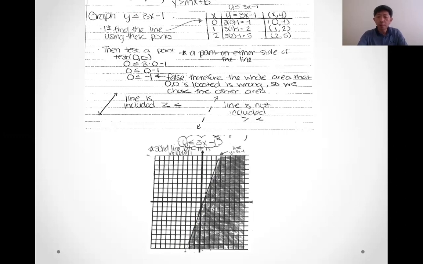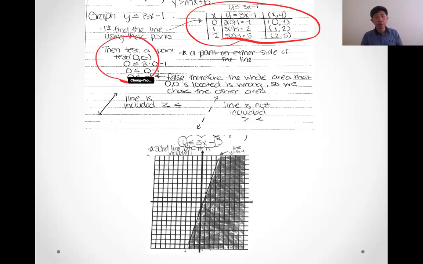Let's do another problem. Okay, more problems to get you familiar with how we do this. So basically, first of all, make a table and find the line. This is step number 1. Step number 2 is to do the test point. Test whether the region is true or false. If it's false, we don't shade that region. If it's true, then we shade in that region.